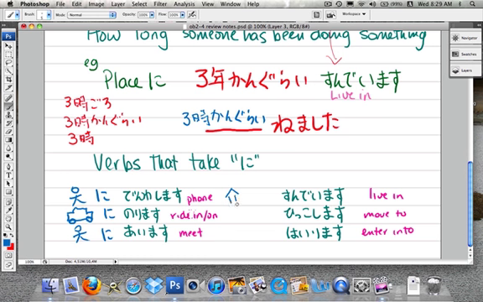I live in a house. Uchi ni sundemasu. I moved to Japan. Nihon ni hikkoshimasu. And I go into a room. Heya ni hairimasu. All of those take ni. We like to ask them on multiple choice tests because we want to see if you remember that the correct signal for these is ni.